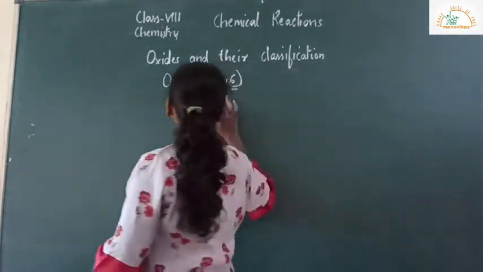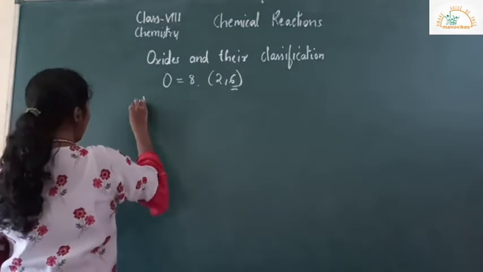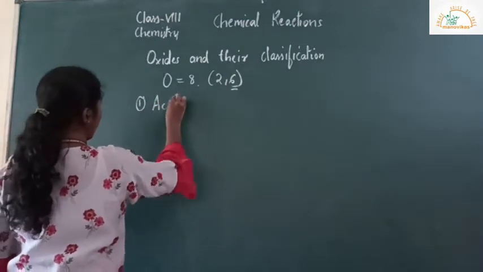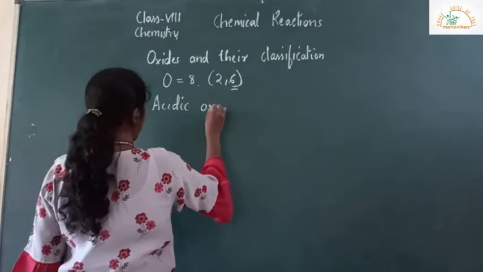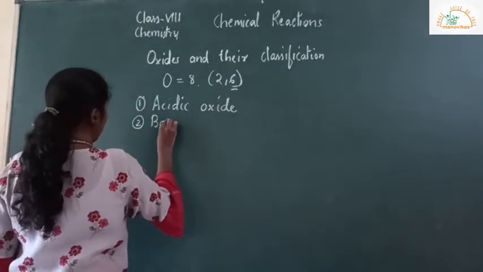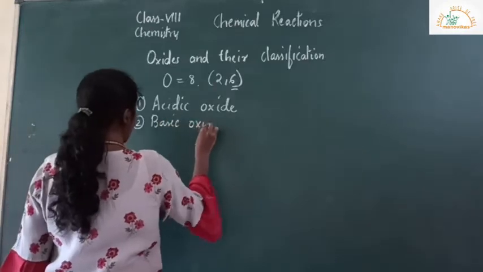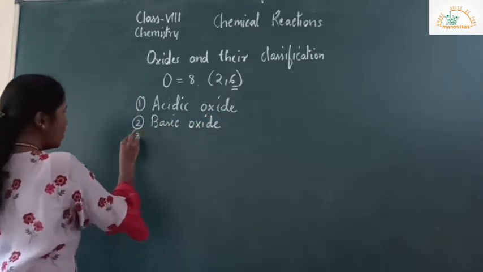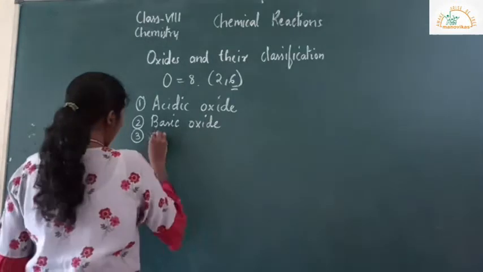So here we have the classification of oxides. First one is acidic oxide. Second is basic oxide. Third one is amphoteric oxide.